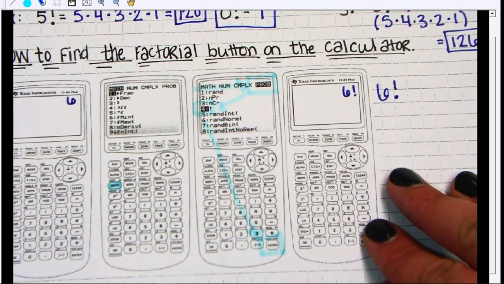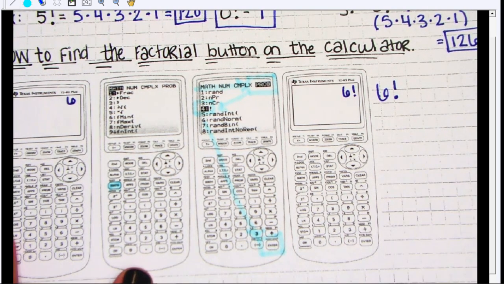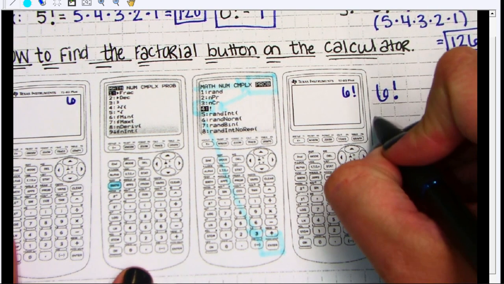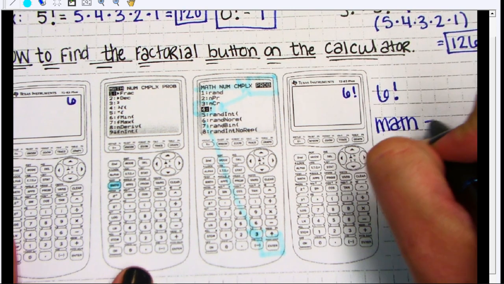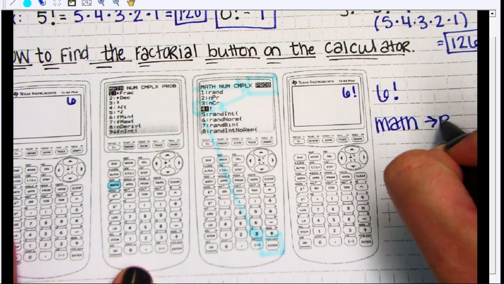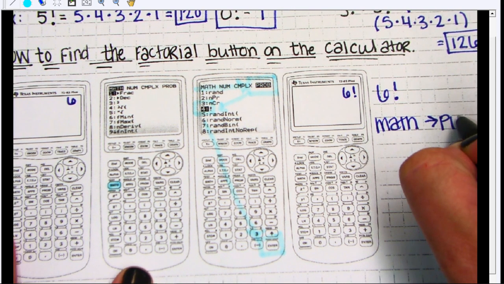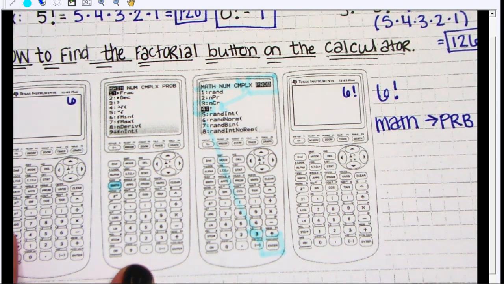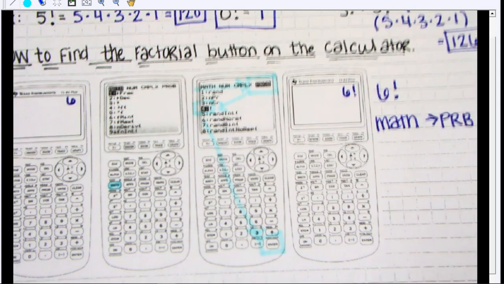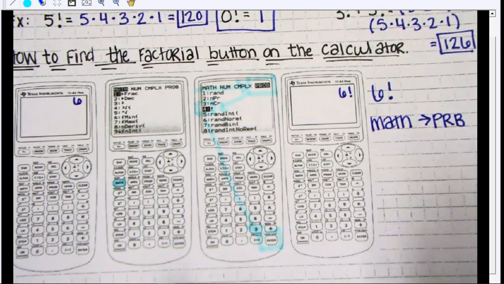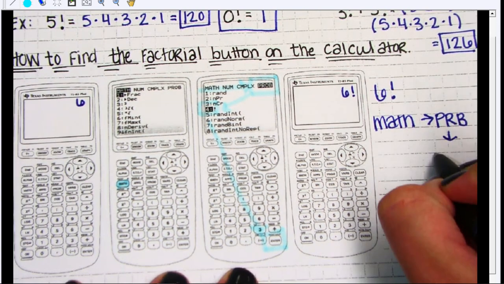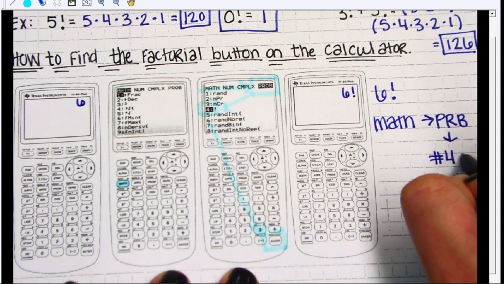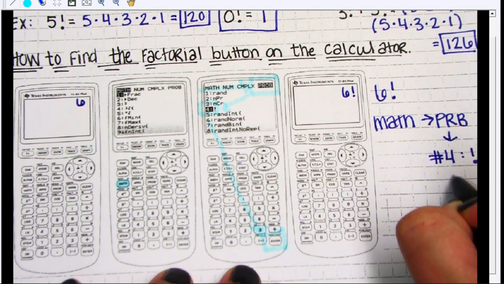So all you do is type the number, press math, go over to probability, which on mine says PROB. On the older ones it just says PRB. From probability, you select option 4, which is the factorial, and then press enter.